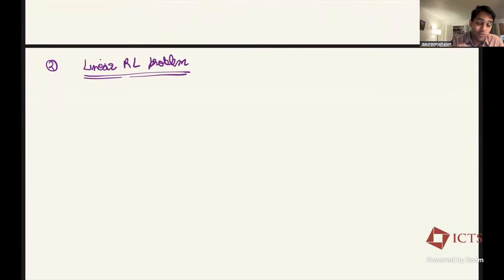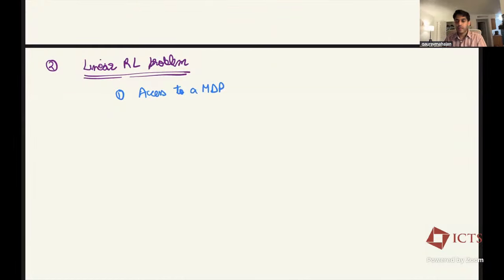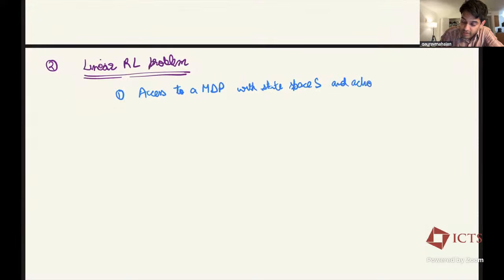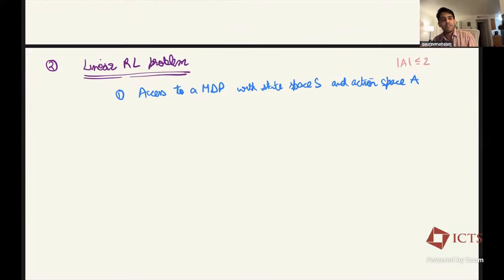In the linear RL problem, you're given access to an MDP with some state space S and action space A. Right away I'm going to assume A is 2.